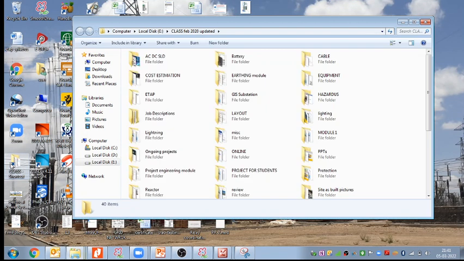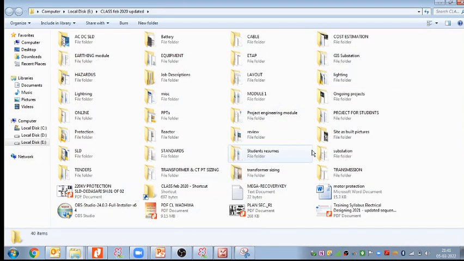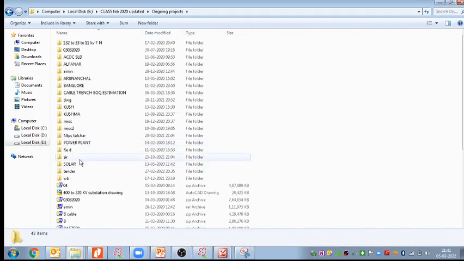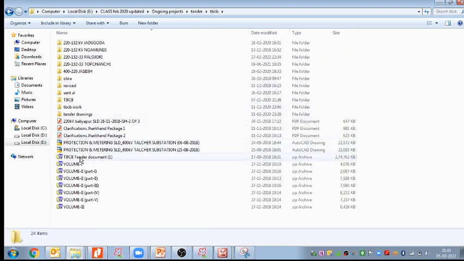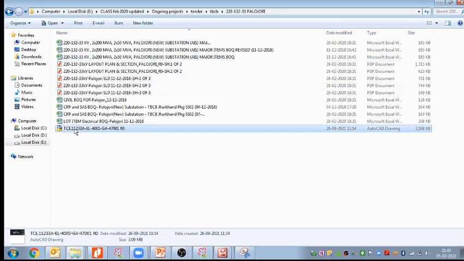Yeah, I think so far it is clear. Any doubt, you can tell me. Ongoing project. So for that, let me see whether we have, yeah, I have one AutoCAD.